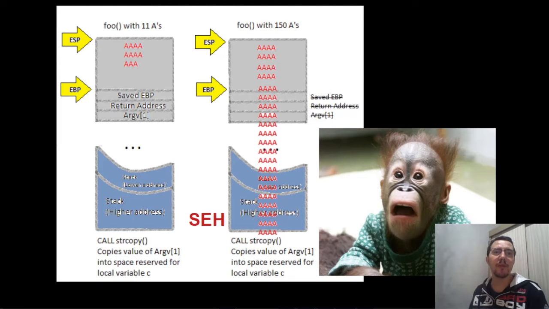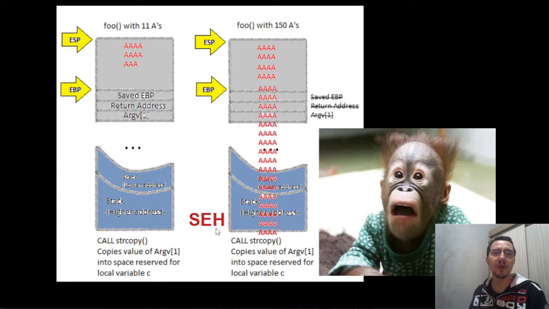Here we have an image of a buffer overflow. In the left image, the variable has 11 A's, and in the right image, the variable has 150 A's. As we can see, the stack is overwritten with a large amount of the character A. It overwrites the register EBP up to SEH.